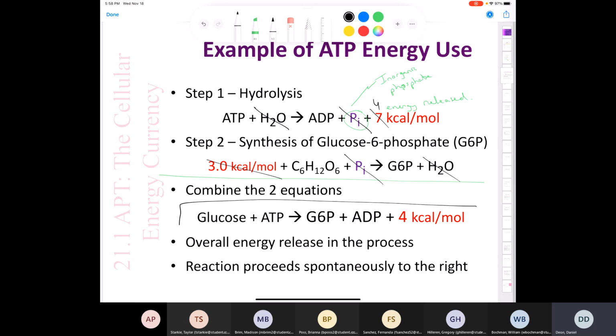Here's my net equation after I've combined them. I get glucose plus ATP gives me glucose 6-phosphate plus adenosine diphosphate. And hey, look, I've released some energy in the process. So this means that this is an exergonic process, right? My delta G would be negative. And this means it's going to be a spontaneous process, so it's going to proceed to the right.